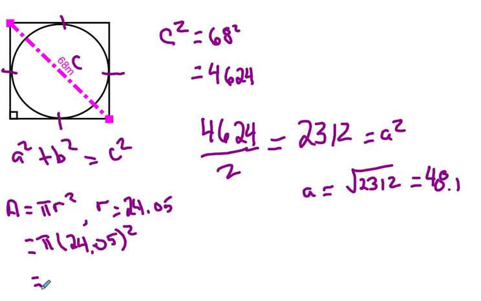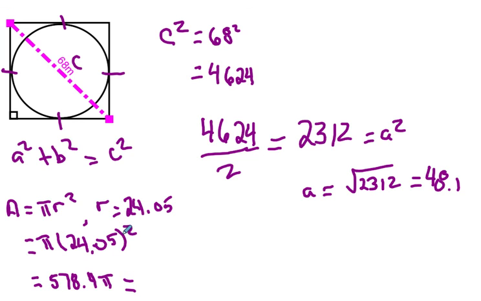If I square 24.05, I get an answer of 578.4, and I still need to multiply that by pi. I'm running out of a little room there, so I'm going to just continue to the side. Typically I would go down.